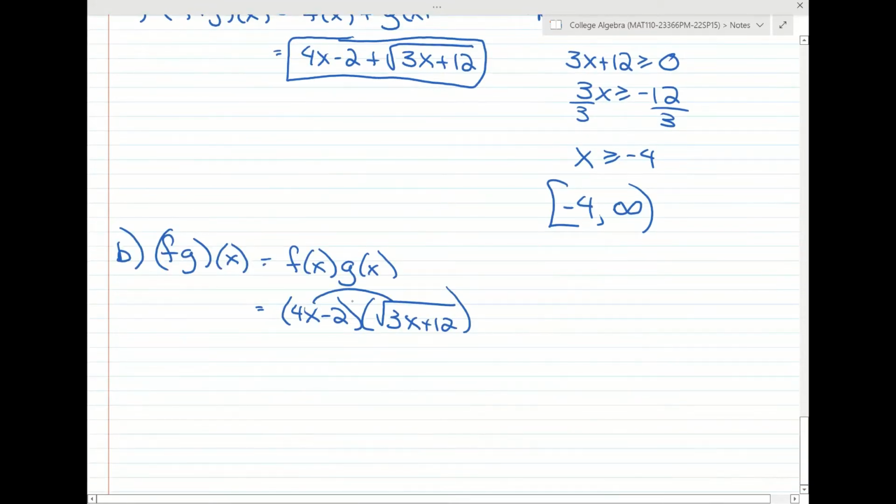If you just distribute, there's nothing really to distribute here. Just wind up with 4x times square root of 3x plus 12. There's nothing we could really simplify there. Same thing if we distribute the negative 2. Negative 2 times the square root of 3x plus 12.